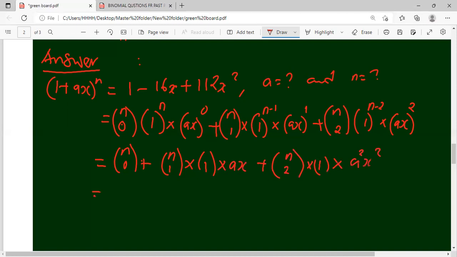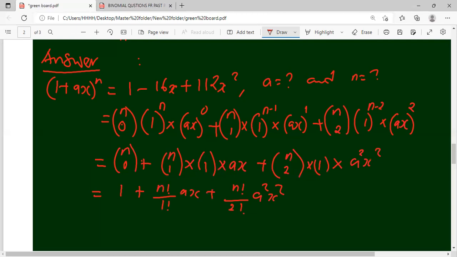Okay, so n choose 0 is 1 plus n factorial over 1 factorial, now this is 1, so ax, plus n factorial over 2 factorial a squared x squared.